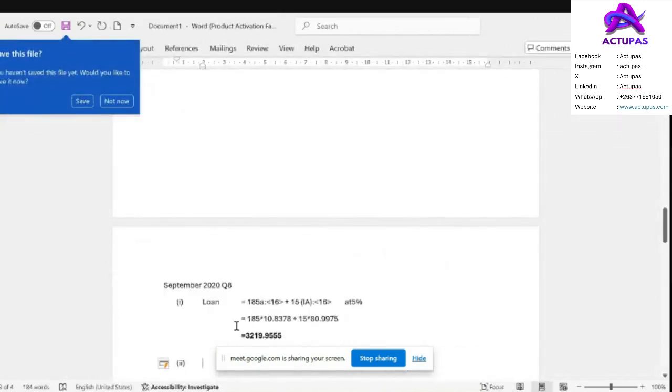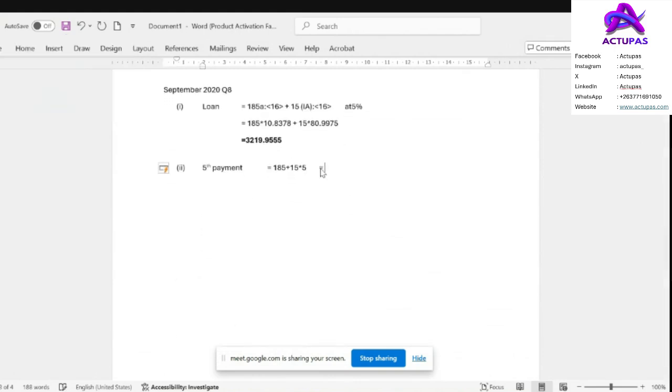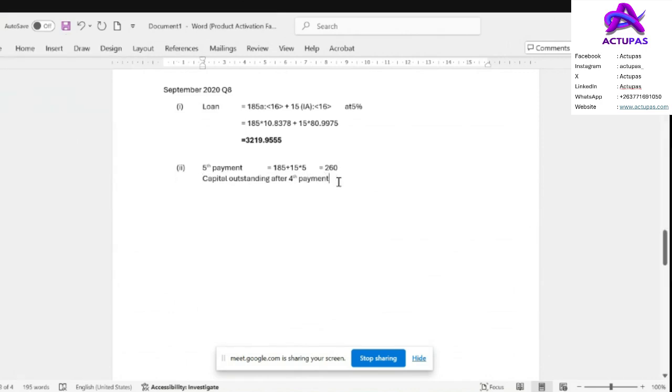So we come here and write the fifth payment is equal to 185 plus 15 by 5, which is equal to 260. And then the capital outstanding after the fourth payment, we'll be starting with the fifth payment.